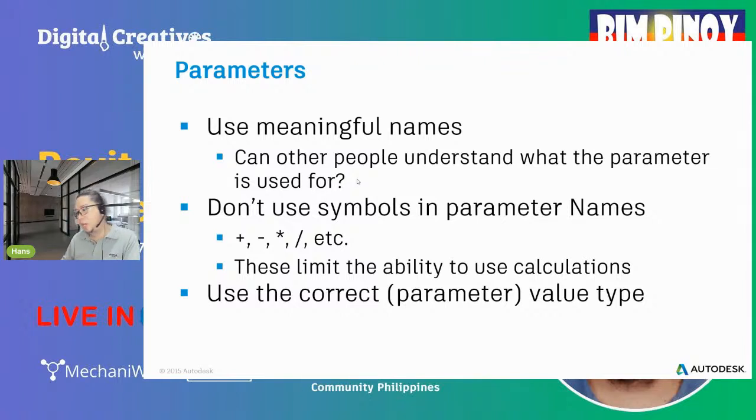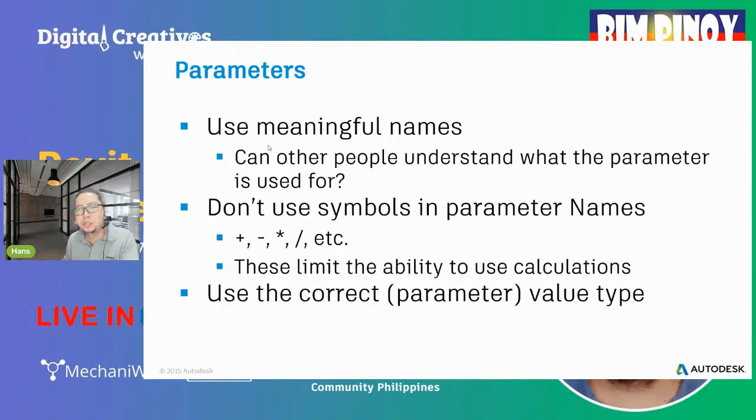Don't just put XX or AA or 11 for your family. It should be meaningful. Like if you're using an architectural door, at least use door or door one, or architectural door. Or if it is a chair, just put chair one or chair two.